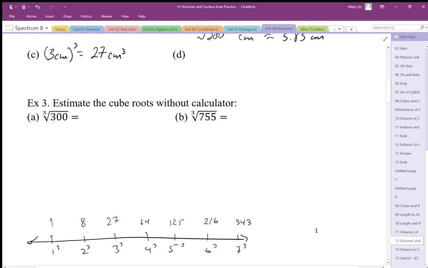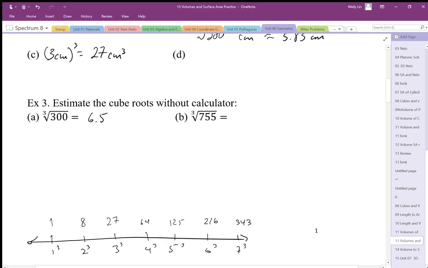So if I want to estimate the cube root of 300, I know it has to be less than 7, because 7 cubed gives me 343 cubes. It's got to be bigger than 6, because 6 cubed gives me 216 cubes. Here we have 300 cubes. So the side length works out somewhere between 6 and 7, so I'm just going to estimate 6.5.